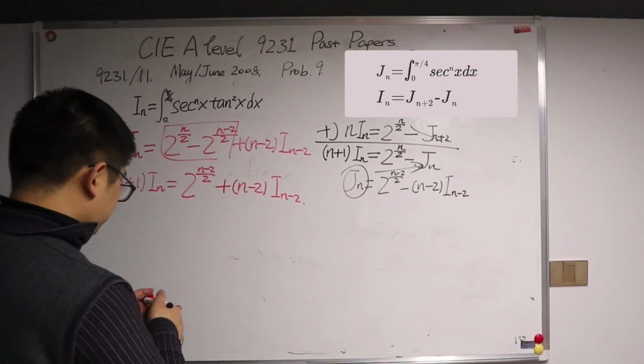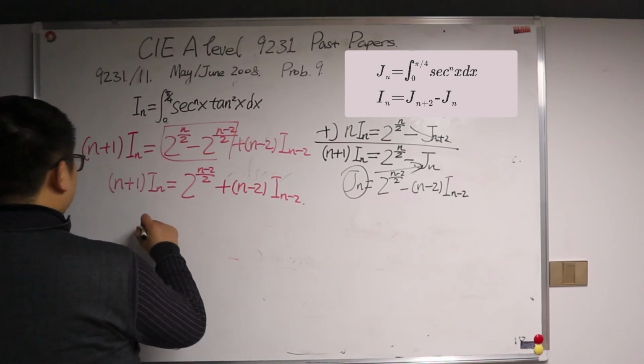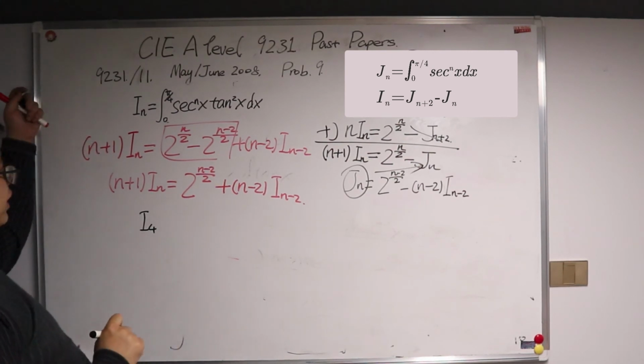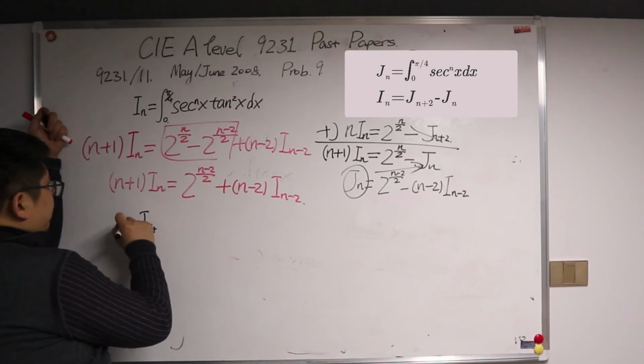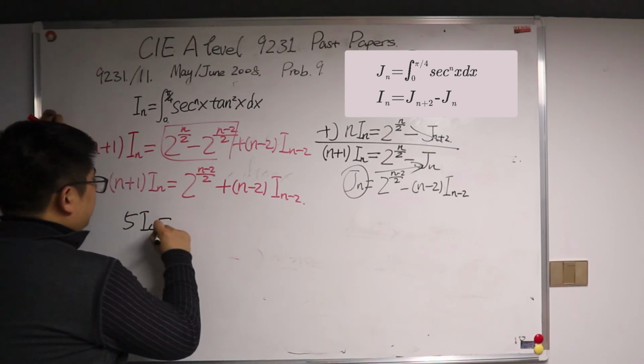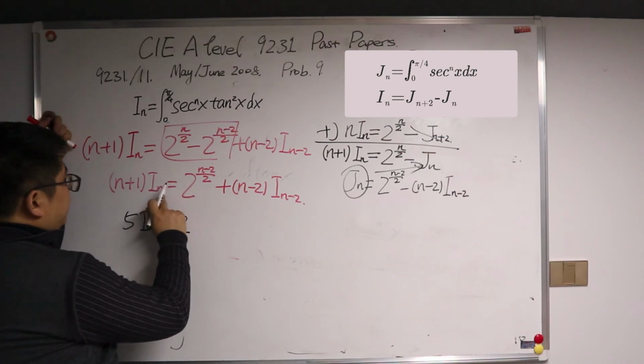And as the final part, we are required to calculate I4. So by the reduction formula, we have, here n is 4.